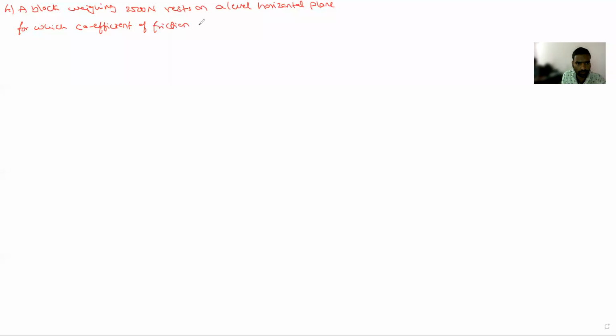A block weighing 2500 Newton rests on a level horizontal plane for which the coefficient of friction is 0.2.